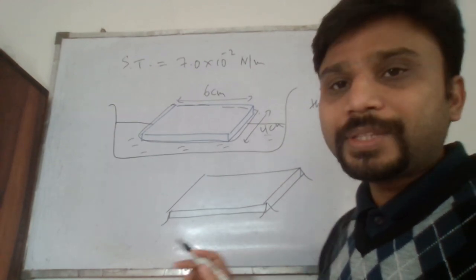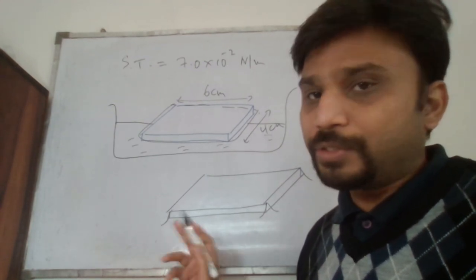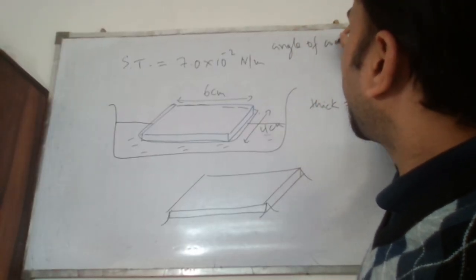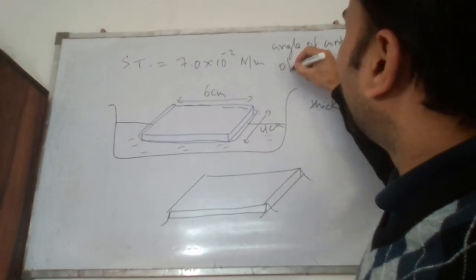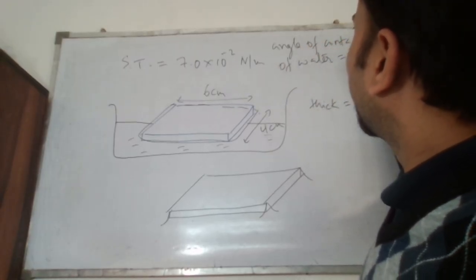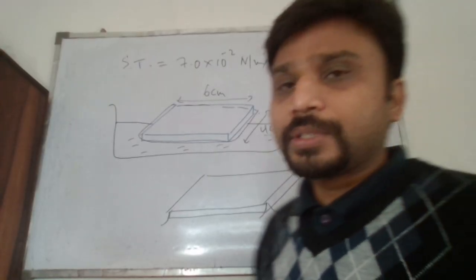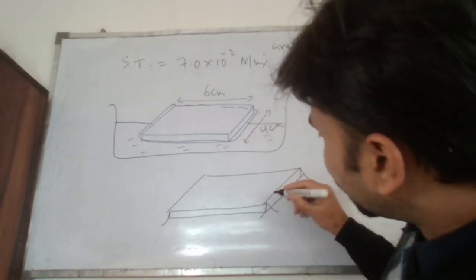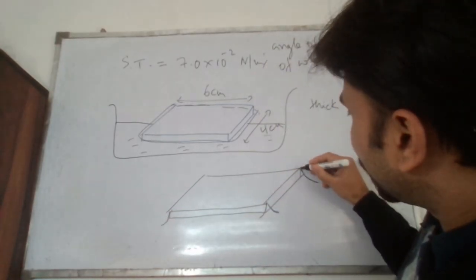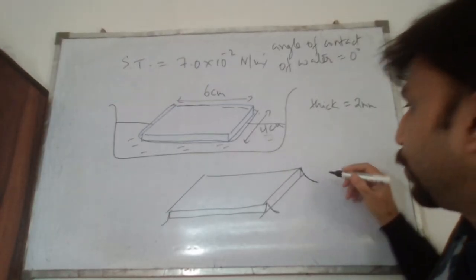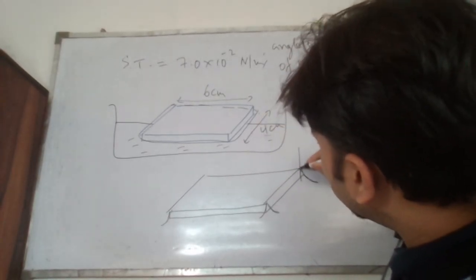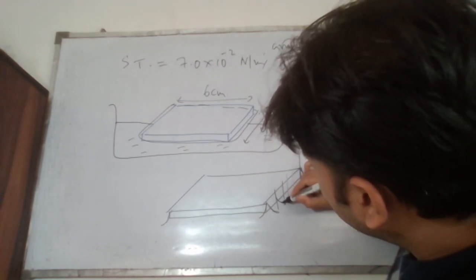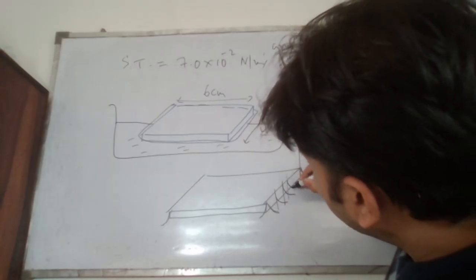We know that the angle of contact of water is 0 degree. As the angle of contact of water is 0 degree, it will form a surface somewhat like this. This is the surface with which the water is in contact, and the liquid layer is forming a surface like this.